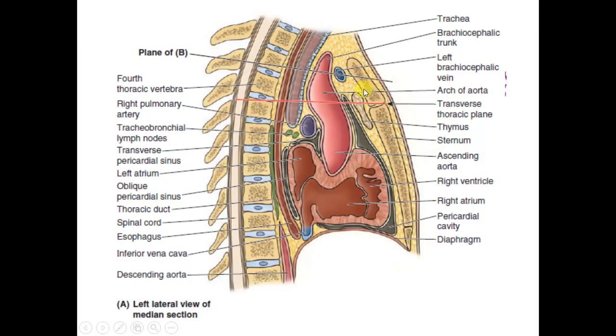So here again we see this is the sternal plane, extending from the sternal angle to the disc between T4 and T5. Above this is the superior mediastinum, below this is the inferior mediastinum, and here is the heart and pericardial cavity. Anteriorly is the anterior mediastinum, posterior to it is the posterior mediastinum, and this is the middle mediastinum.